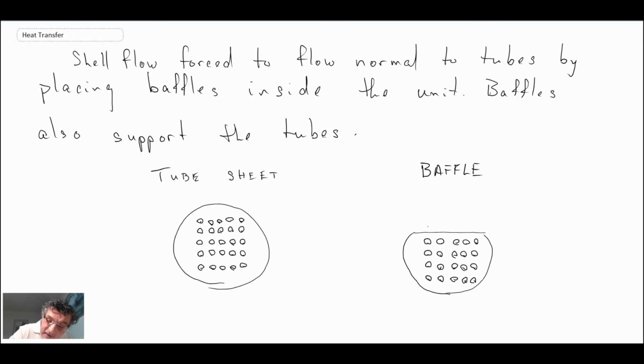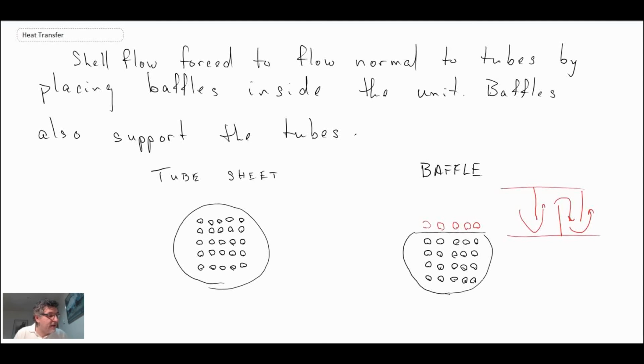You actually have a number of tubes here that are free span, and so they are not confined by a baffle at that location. But that is to allow the fluid to get by. So if we look back at the shell and tube, you have this, and then you have this, and you have this. So the fluid is going around like that. And that's why you don't want the baffle plate to go all the way throughout the entire cross section of your shell.